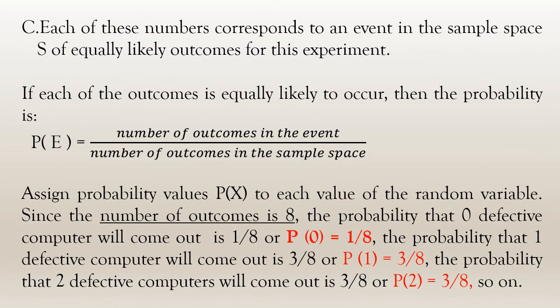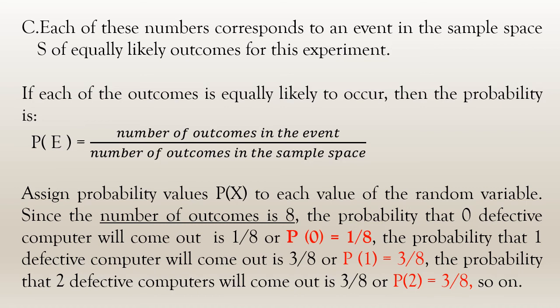So, letter C natin, each of these numbers correspond to an event in the sample space of equally likely outcomes for this experiment. Ibig sabihin nito, kada isang outcome natin, this is an event of the sample space.